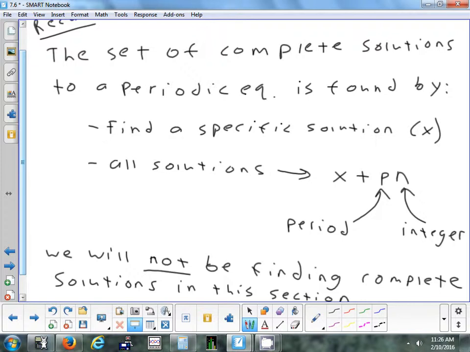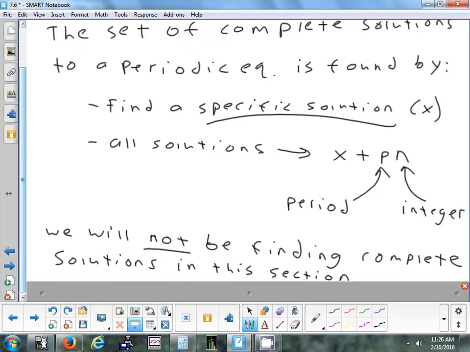We find one and then we put plus pi k or 2 pi k, or you can use n. But we are not finding all solutions. We're finding specific solutions. Everyone understand the difference between finding specific and finding all? Okay, so we're not finding all in this section.